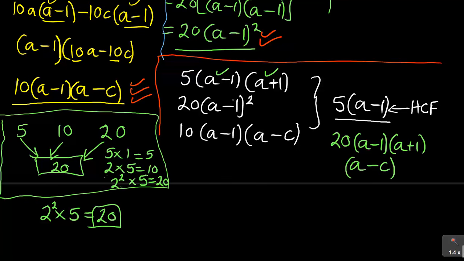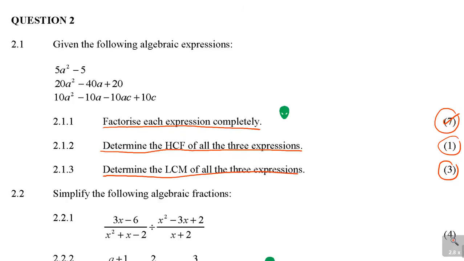Now go back again to your brackets and look at the a minus 1 and a minus 1. You will see that the one had a power 1 and this one is a power 2. Now in LCM, we take the highest powers, and in this case your power is 2 there. So this then becomes our LCM. So whenever they say find the LCM, it is 20, a minus 1 squared, a plus 1, and a minus c. So this is how you could have approached this particular question.